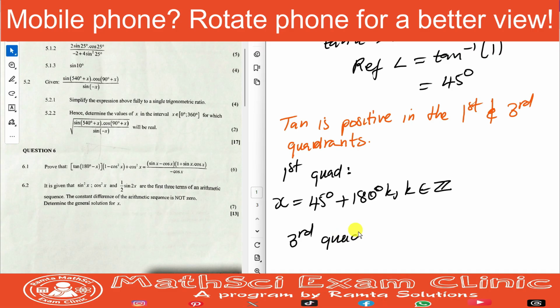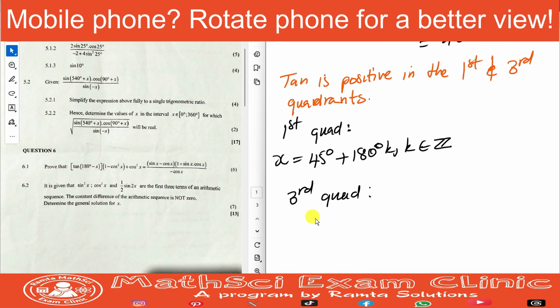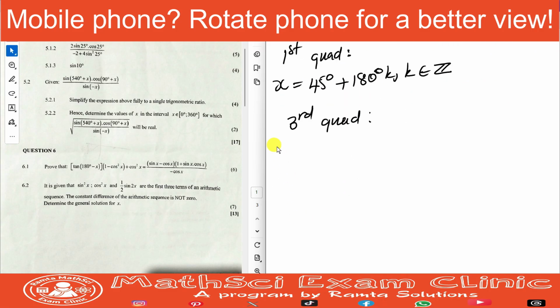The third quadrant, we are going to say x equals, what is the reduction formula for the third quadrant? No, it's 180 plus. Third quadrant is 180 plus. The reference angle here is 45 degrees plus 180 degrees k, where k is an element of an integer.